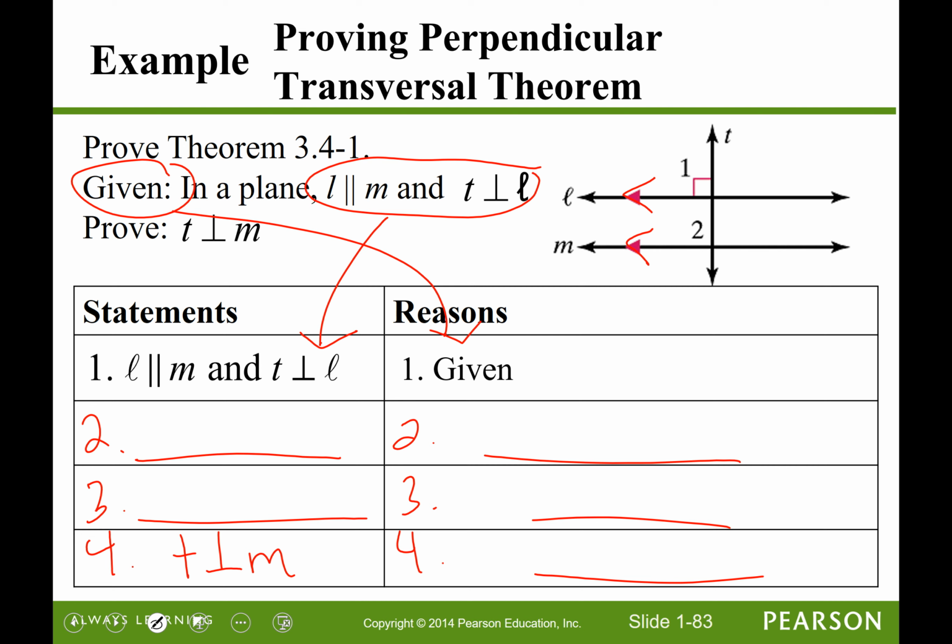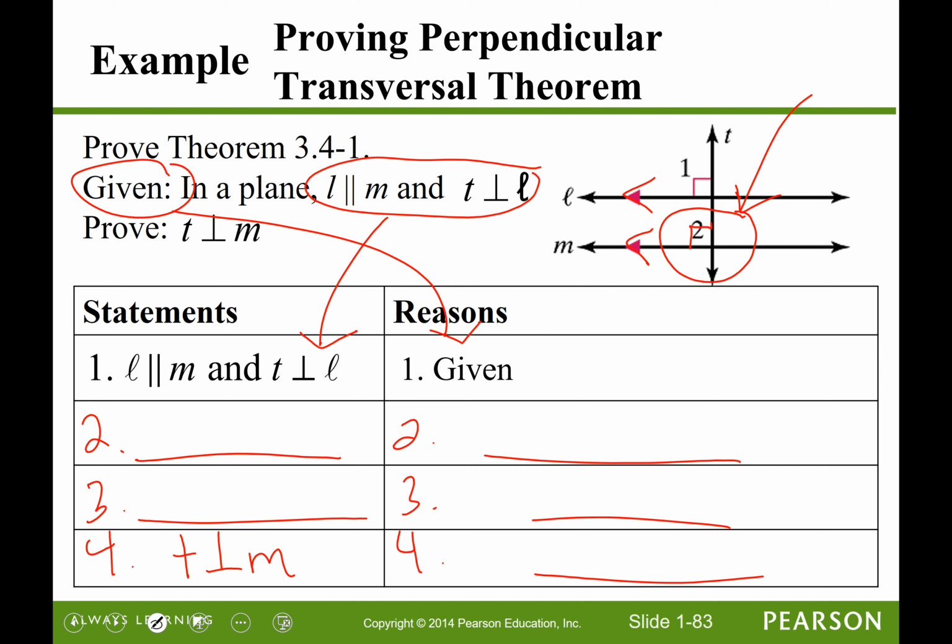That would allow us to add this marking right here, because angles 1 and 2 are congruent. Well, if angle 1 and angle 2 are congruent, then angle 2 also measures 90 degrees. And if angle 2 measures 90 degrees, then by definition of perpendicular lines, T would have to be perpendicular to M because they intersect at a 90-degree angle. So that's our strategy. Let's write it out now.